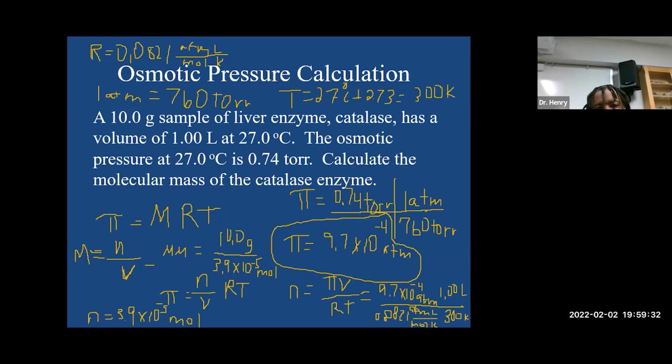It will be 2 sig figs, so our molar mass is going to equal 2.5 times 10 to the 5th grams per mole.